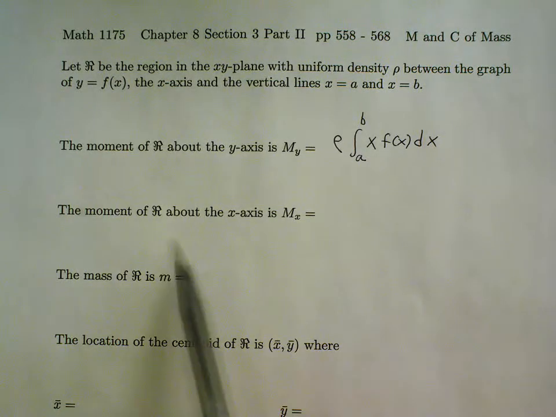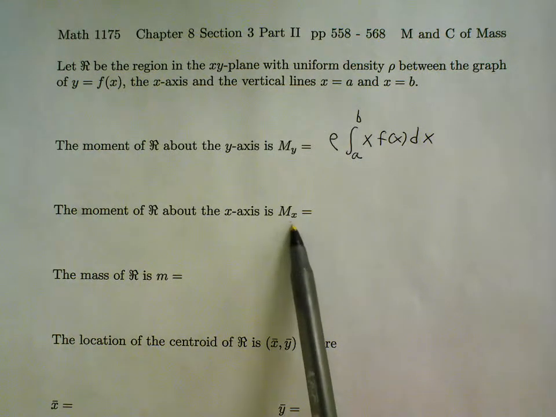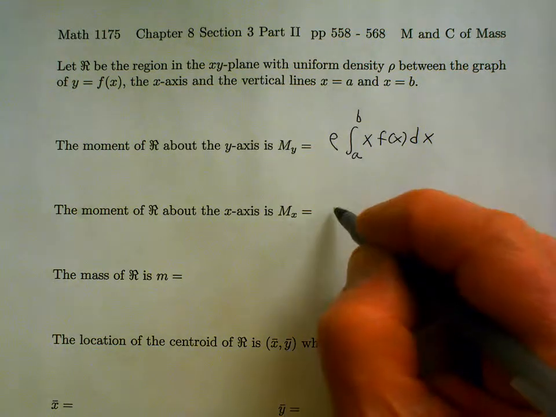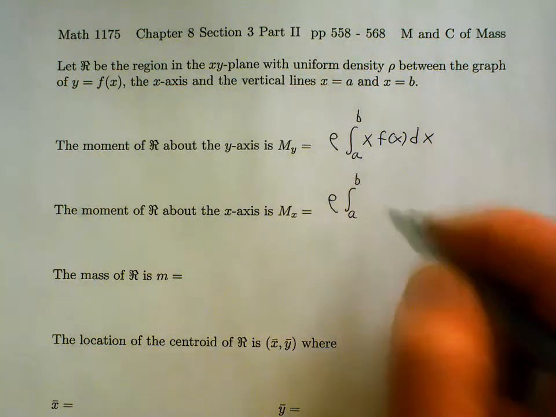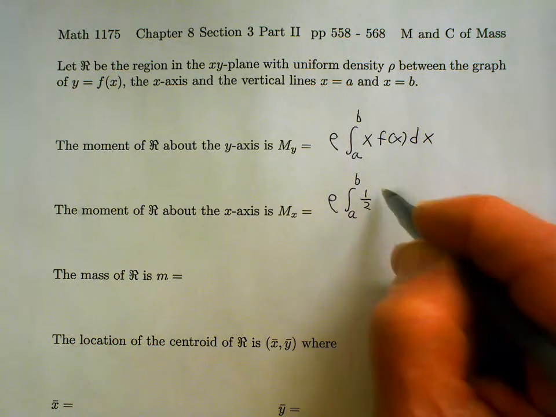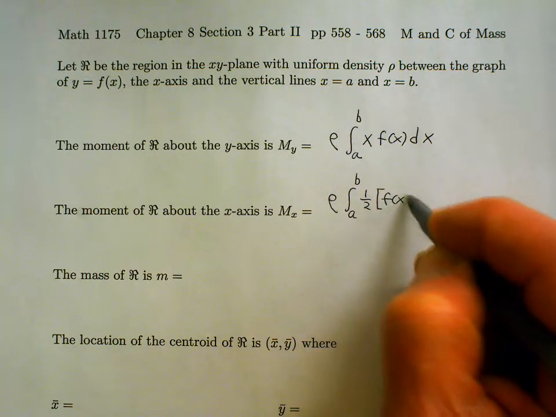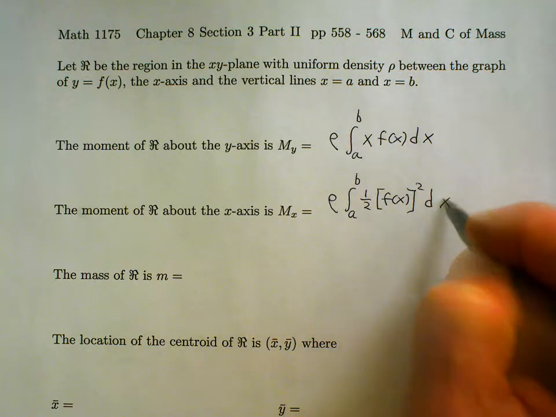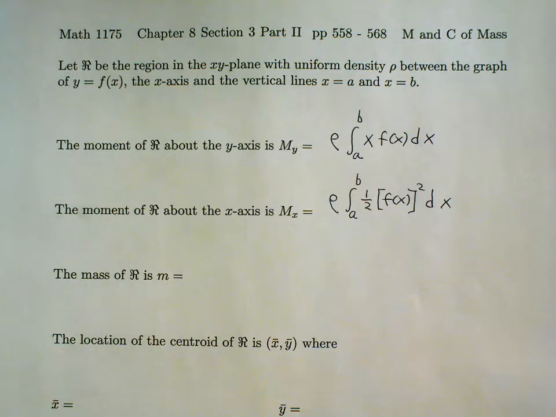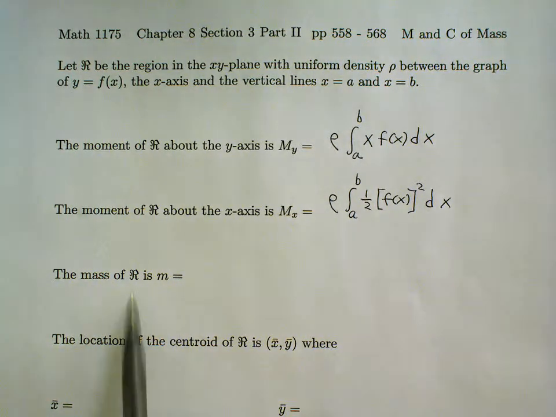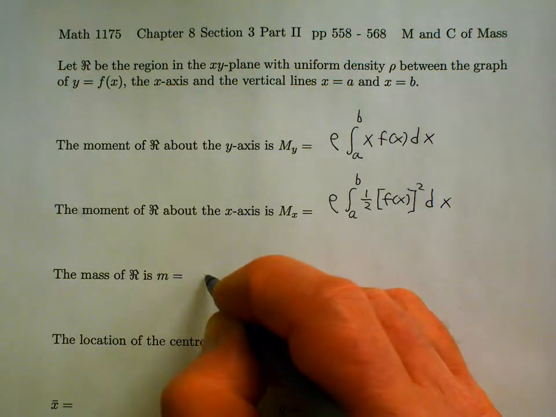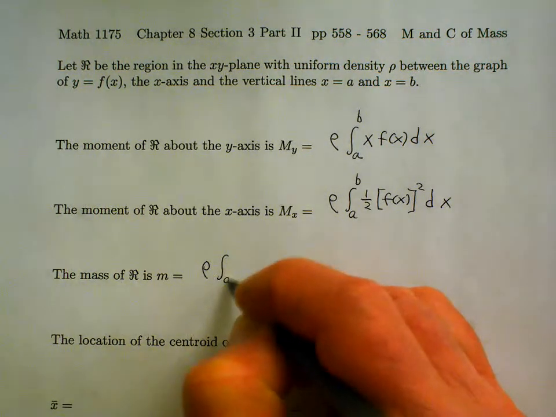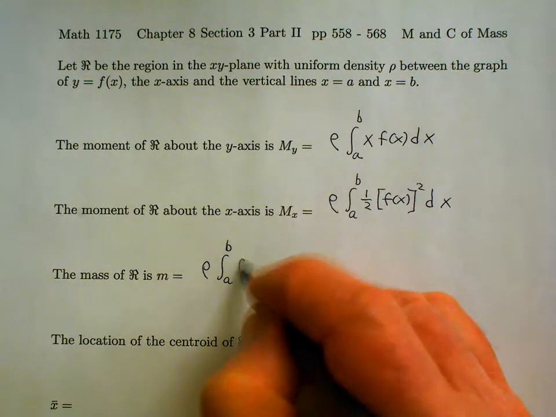The moment of the region R about the x-axis is denoted by capital M sub x, and it's equal to rho times the definite integral from x equals a to x equals b. The integrand is 1/2 times the square of f of x dx. The mass of the region R is lowercase m. That's equal to rho times the definite integral from x equals a to x equals b of f of x dx.